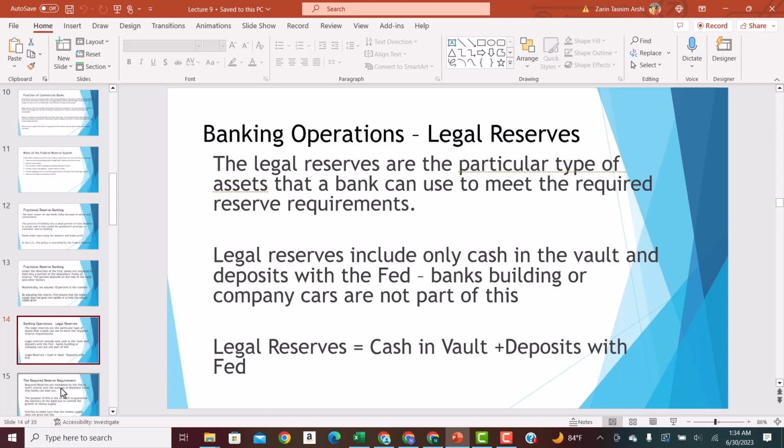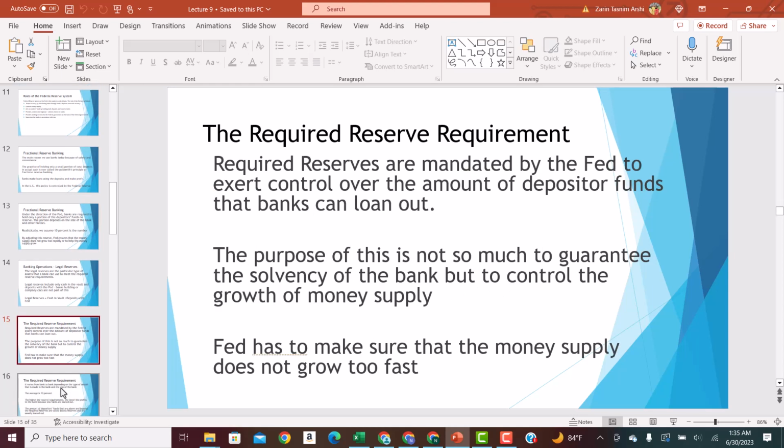So all the very liquid assets of the bank, the M1s, the cash in the vault as well as the checking account deposits as well as coins, are part of the legal reserve of the bank, which is an asset to the bank. Now buildings and cars, if they own the building and the car, these are assets for the bank, but they're not part of legal reserve. They're not very liquid, so they are not part of legal reserve.